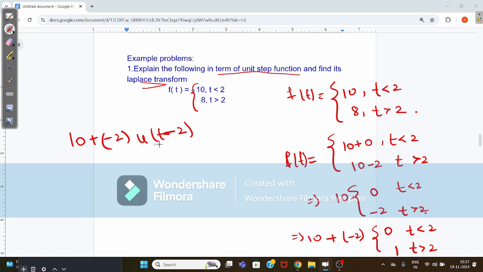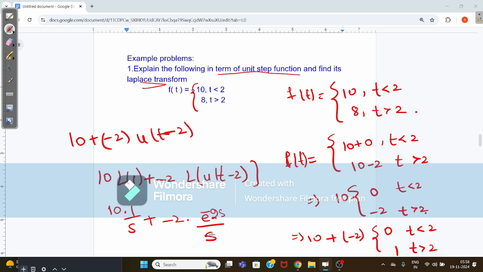So by the unit step function, we apply the Laplace transform: 10 L of 1 plus minus 2 L of u of t minus 2. What is L of 1? It gives 10 into 1 by s plus minus 2 into e power minus 2s by s.